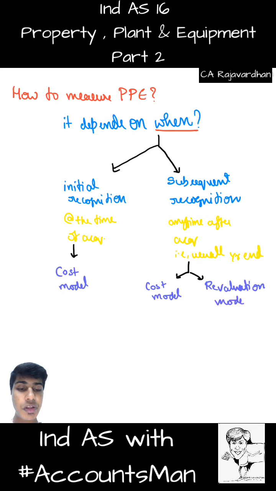You get that? So if it is initial recognition of the asset, I don't have an option, I have to go by cost model all by itself. If it is subsequent recognition of the asset, the organization is given an option either to follow cost model or revaluation model. So we have to discuss what exactly is cost model, what exactly is revaluation model, and whatever comes within that. So our first point of discussion will be cost model.